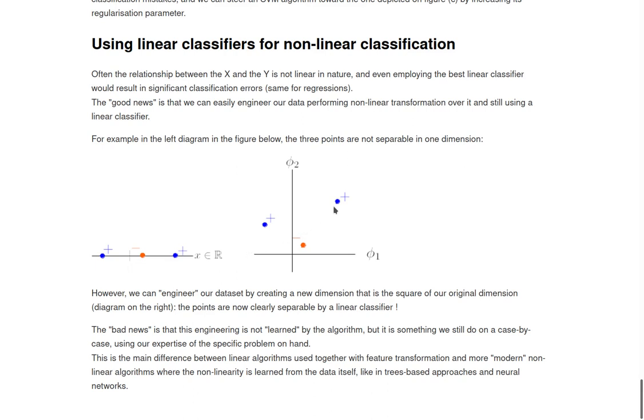When we make the square of the dimension, we end up here, and at this point we can easily find a linear classifier in 2 dimensions that separates our data, okay? So the good news is that we can engineer our data to add nonlinear features based on our original features and use a linear classifier on that.